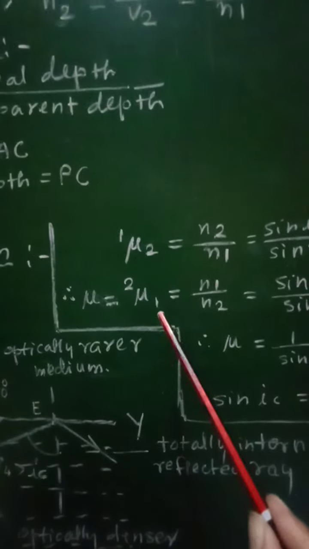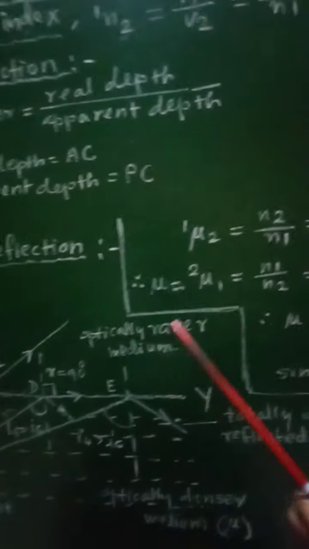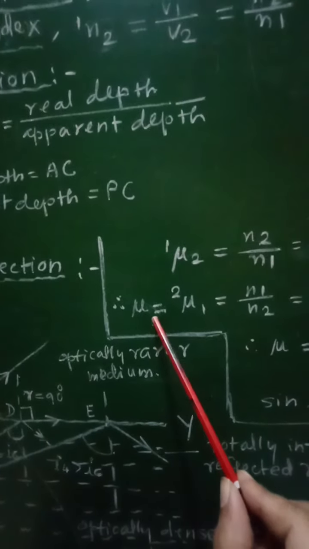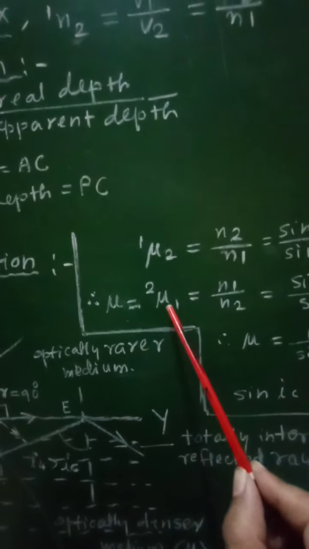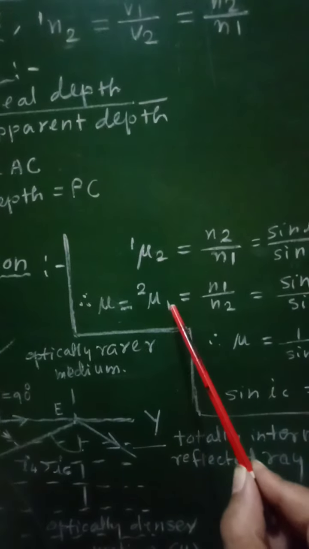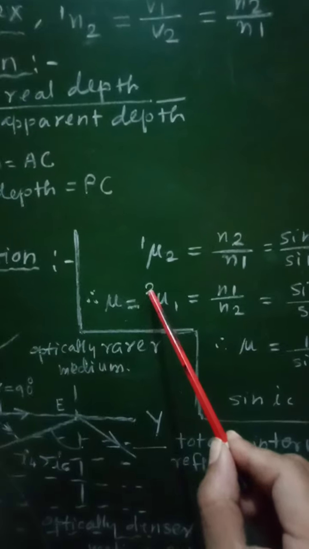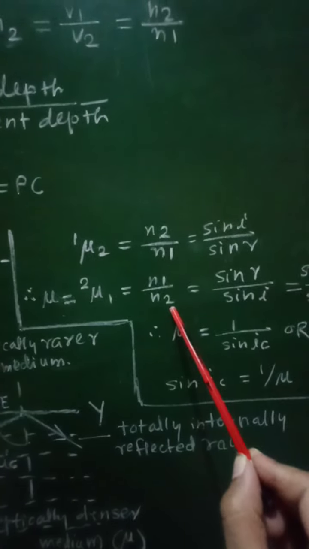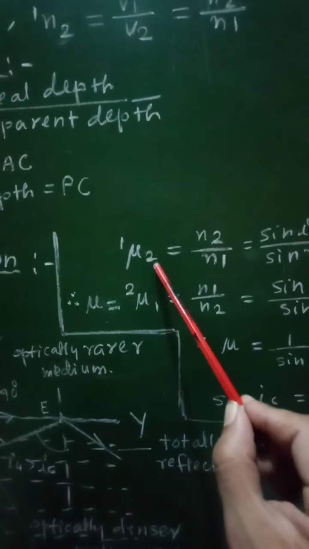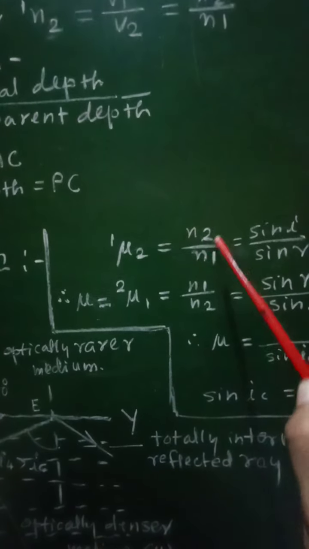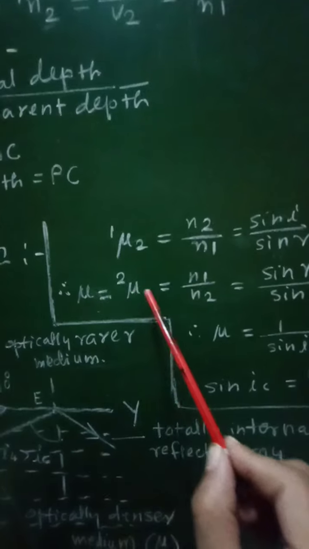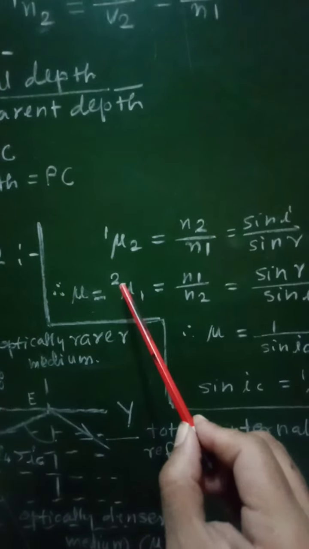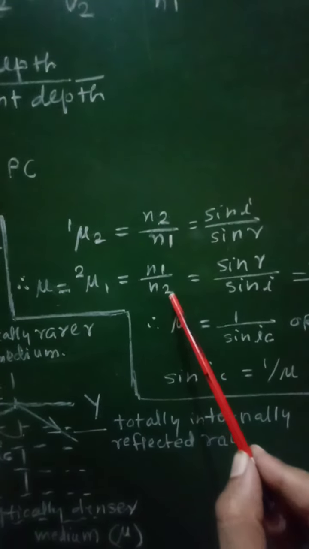But now here we have considered the denser medium as the first medium, and therefore its refractive index mu will be equal to the refractive index of medium 1 with respect to medium 2, written as n1 by n2. As the refractive index of the second medium with respect to the first is n2 by n1, the refractive index of the first medium with respect to the second will be n1 by n2.